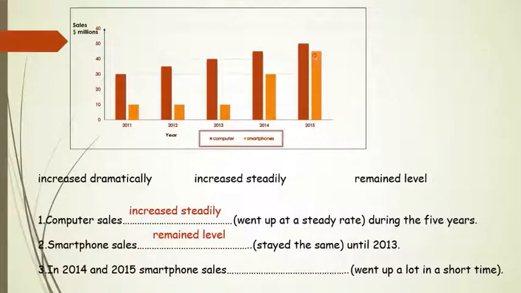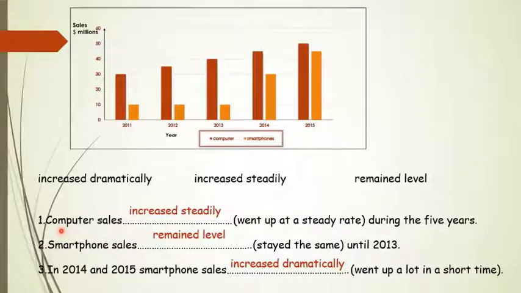See, within 1 year, in 2014, 30 million. 2015, it became 45 million. So went up a lot in a short time. So we use increased dramatically. Good.